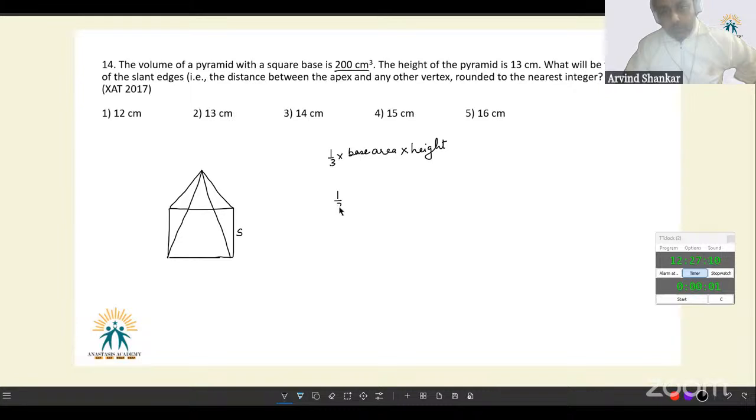So 1 by 3 into s square into 13 is equal to 200, or s square is equal to 600 by 13. Do not waste too much time and energy in identifying what is the value of s, because we don't know what we need eventually. If at all we need the precise value of s eventually, then we'll engage in trying to find what precisely the value here is. Otherwise, let it be.